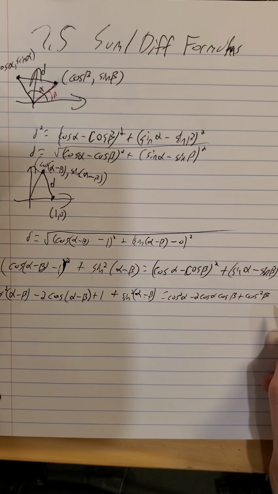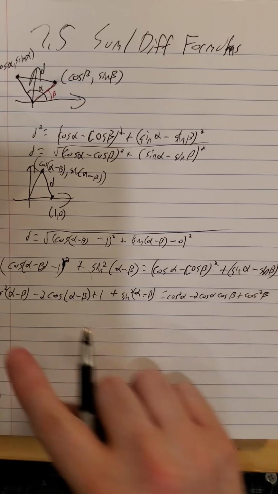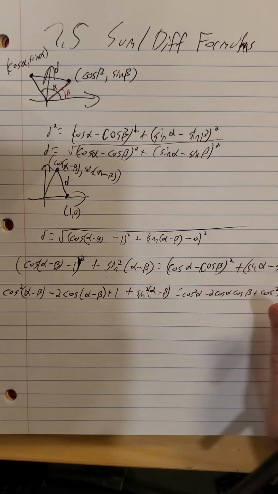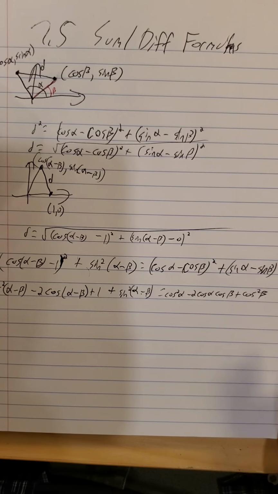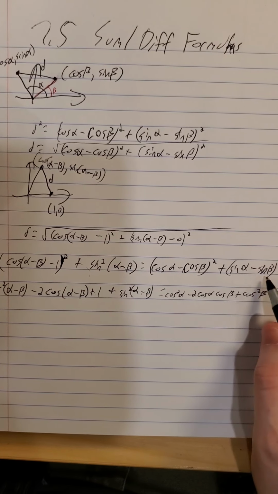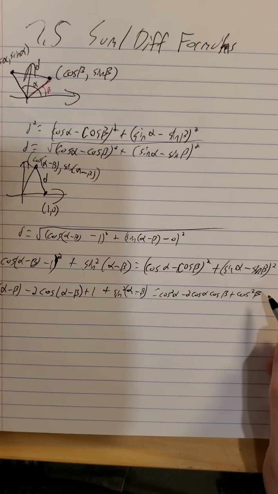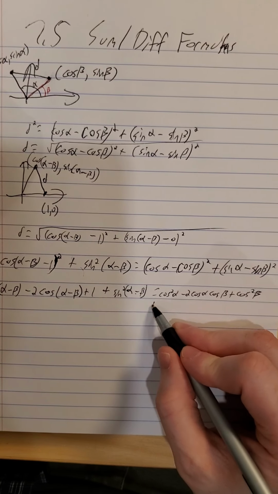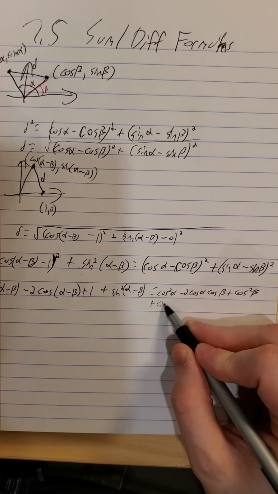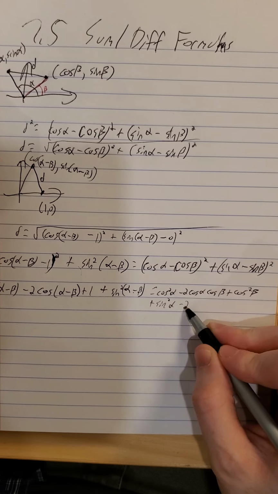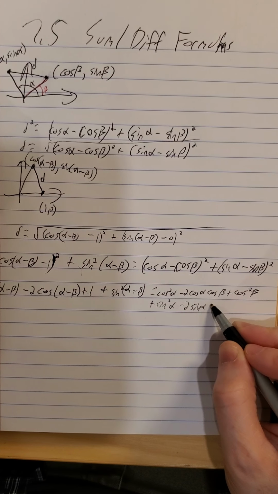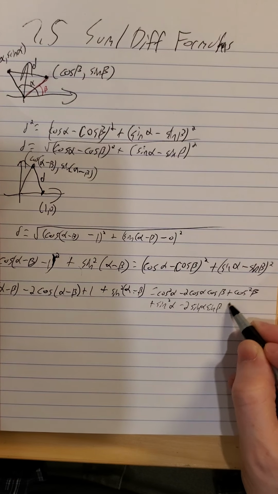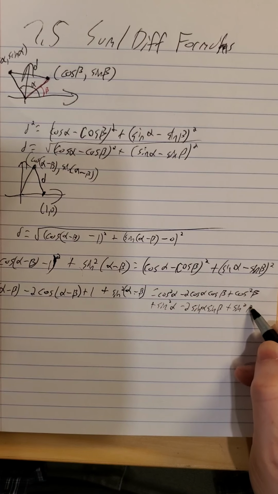These are a little bit on the long side. I still have to expand this out, so we'll use the line directly below. So plus sine squared alpha minus 2 sine alpha sine beta plus sine squared beta.